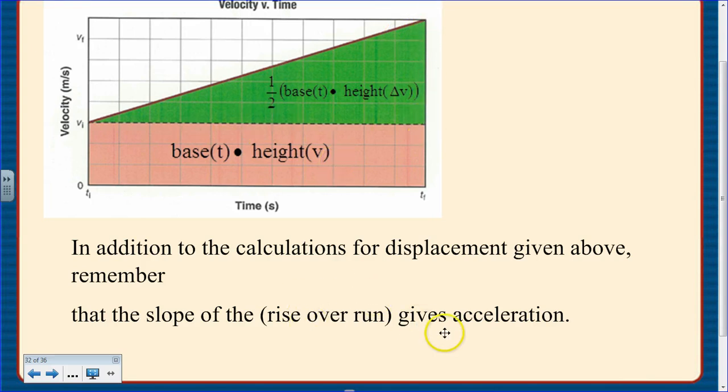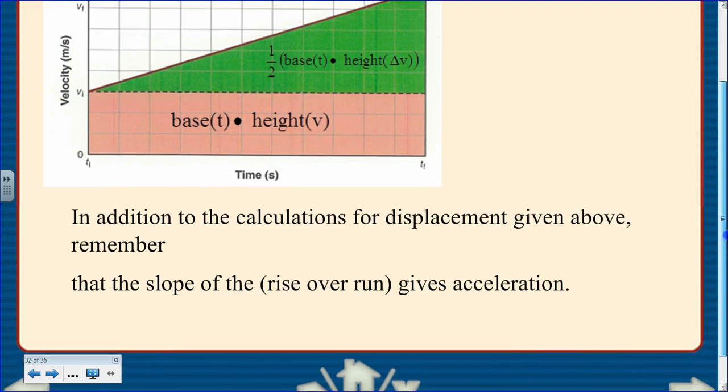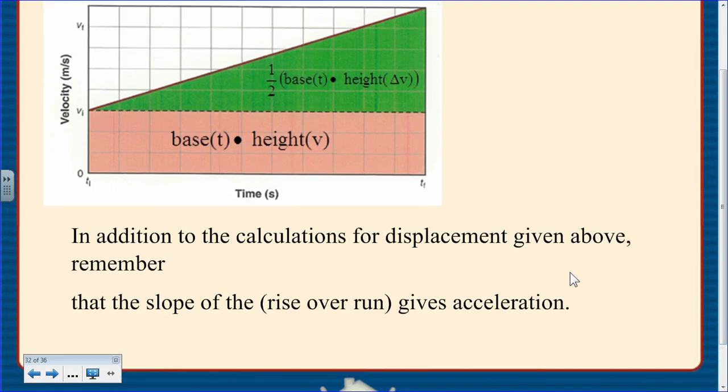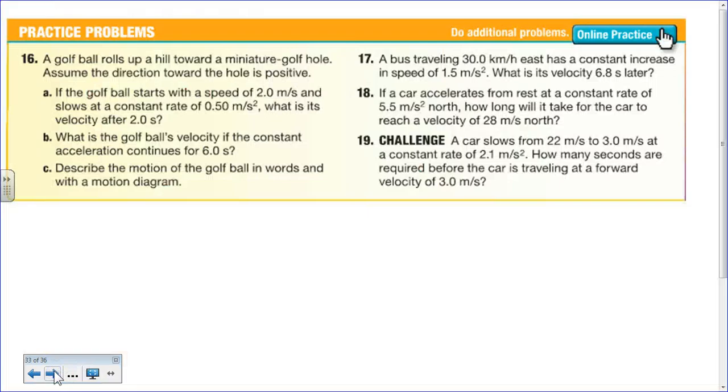So if you know rise over run, which you learned as a sophomore, and you learn the area of a triangle, which you learned as a sophomore, and base times height, which you learned as a sophomore, you have everything you need to do physics. Okay? And you don't need all those equations. If you want to do the equations, come in during Open Lab and we could labor through the equations. Otherwise, this is the way we're going to solve the problems.